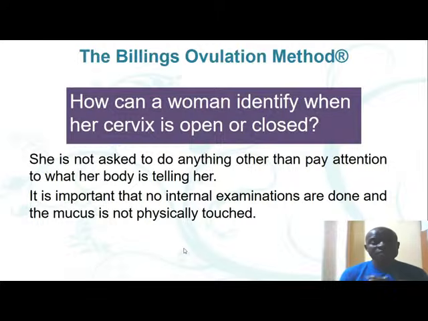Remember, the vulva is very sensitive, 5 times more than the tip of a fingertip. That is how sensitive it is. Anything that passes from the cervix, the discharge produced from the cervix, will flow and be detected. A woman will be able to feel it at the vulva.